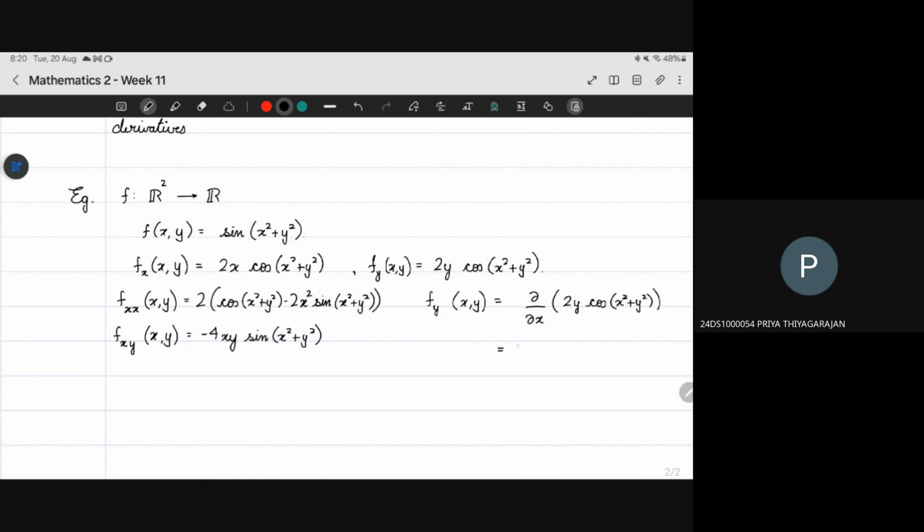In this case, you have a 2y and the partial derivative of cos of x squared plus y squared, which will give you minus sine times 2x. So totally you will get minus 4xy sine of x squared plus y squared.